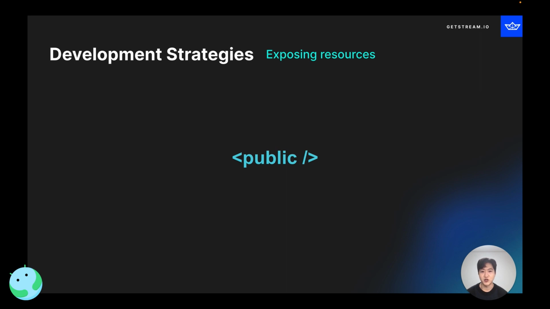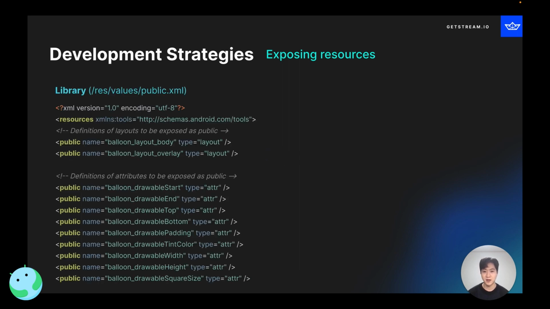So I would like to introduce the public tag to manage exposed resources. You can specify which resources should be exposed or not by defining public tags in a public.xml file.